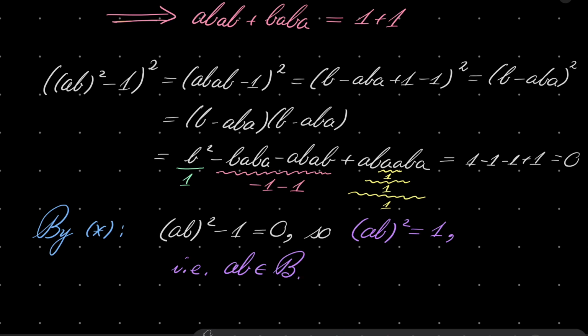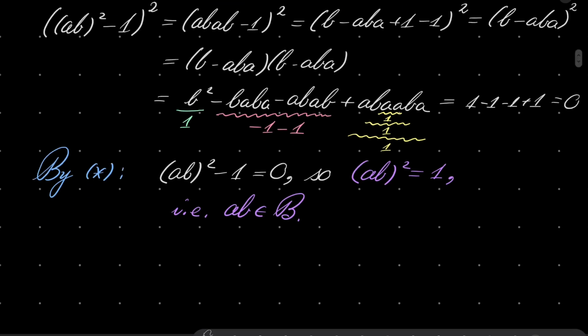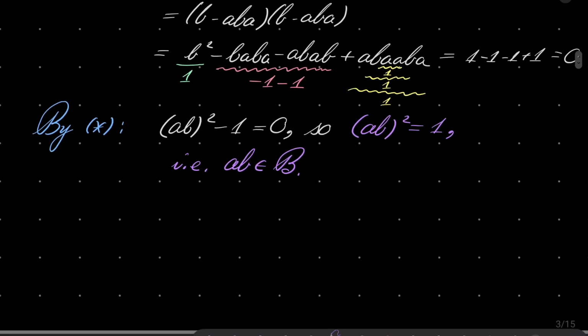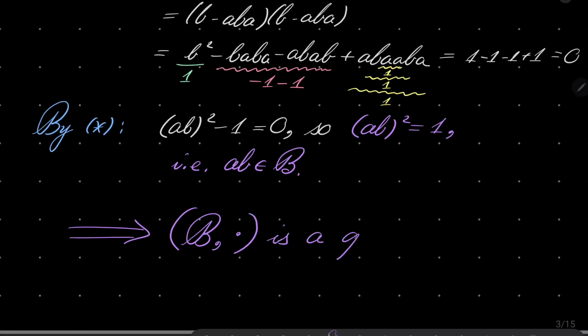It's closed under taking inverses. It has element 1, so it's a subgroup. It's a group. So B with multiplication is a group. And that closes the proof of part B. Again, quite easily done. And that closes our problem.